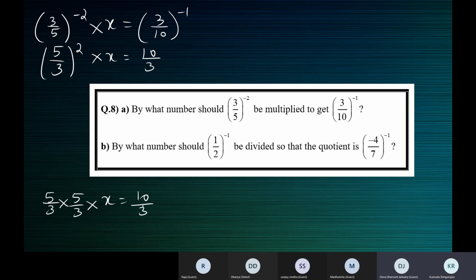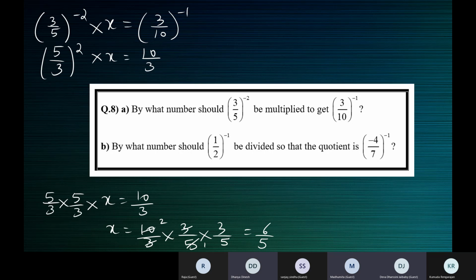Is this correct, Danya? Yes, ma'am. So x is equal to 10 by 3 into 25 by 9. Okay, correct. You can write that also. 3 and 3 get cancelled, so it is 6 by 5.